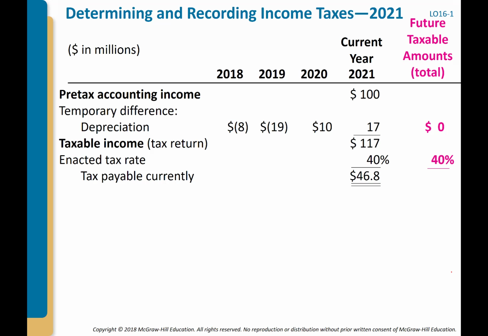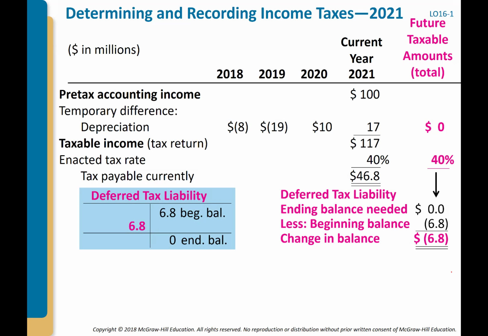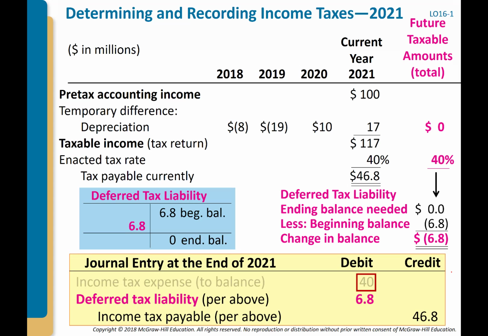Okay. And so we go ahead and do the multiplication here, and we need 0 in there now. There's already 6.8, so we debit that. That zeroes it out. And we make the entry that we're getting pretty familiar with now. Now it's a debit to deferred tax liability again, which zeroes it out.